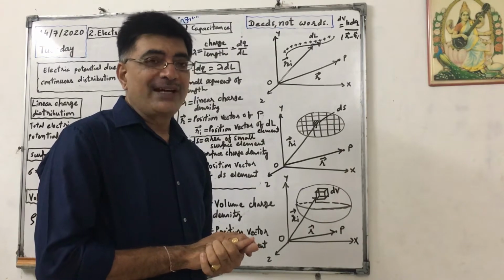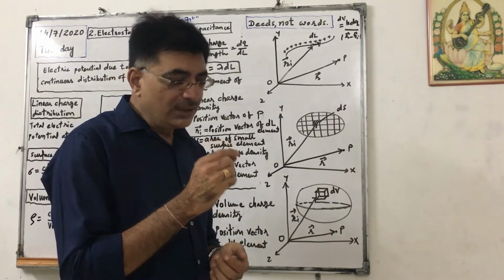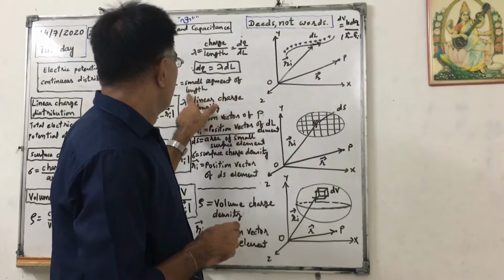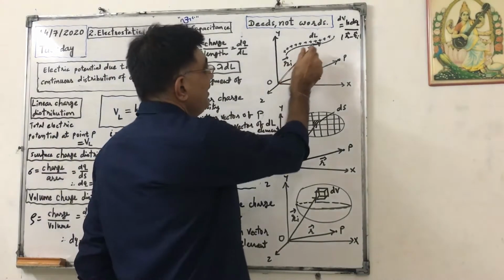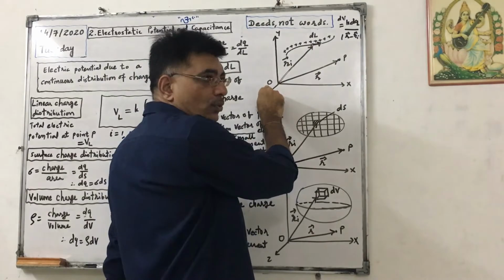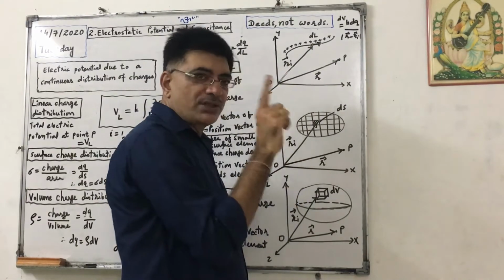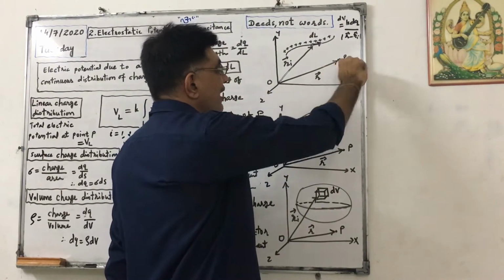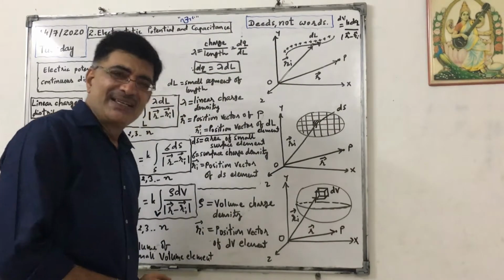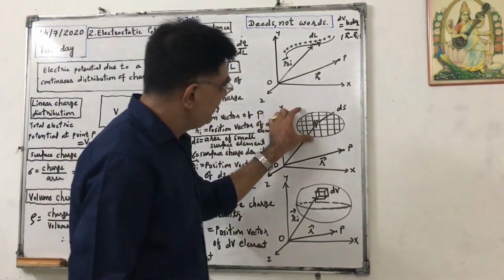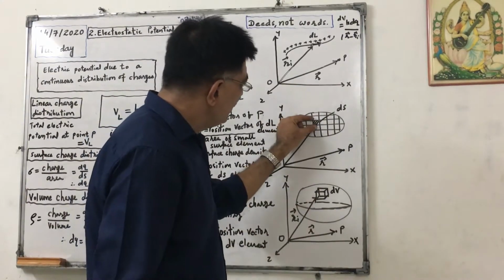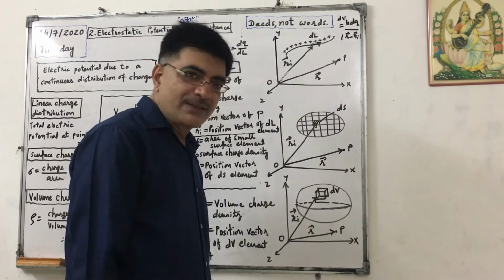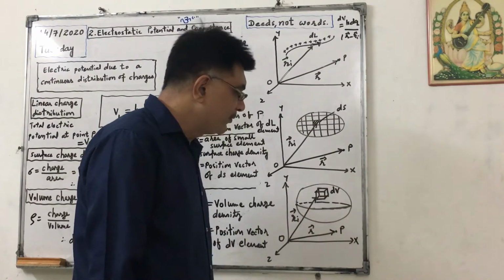So we have to consider small length segments, a small segment of length dl, having position vector Ri with respect to O, and we have to find the electric potential at point P having position vector small r with respect to O. The same is the case here, but it is a surface charge distribution, so I have to consider a small surface element ds, and this is for volume charge distribution, so I have to consider a small volume element having volume dv.